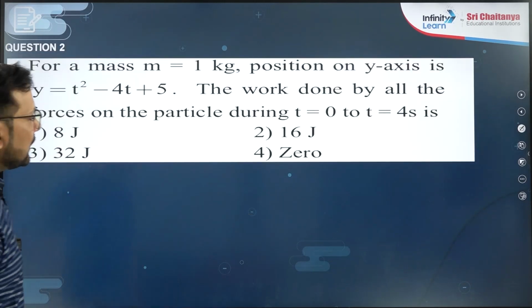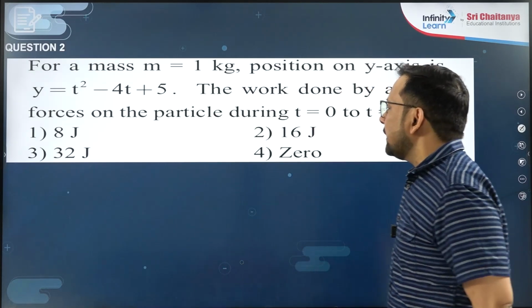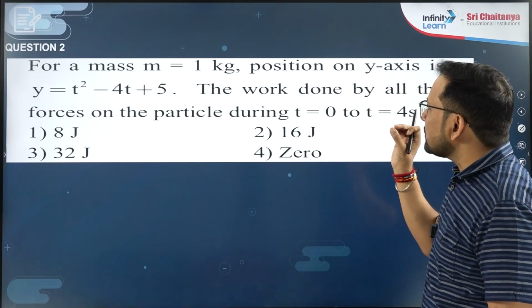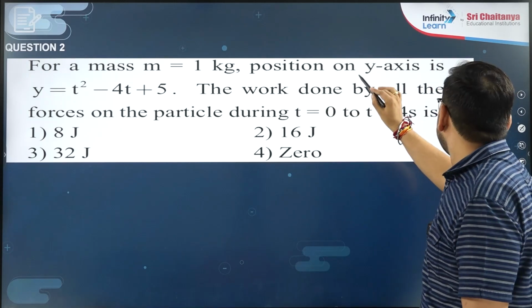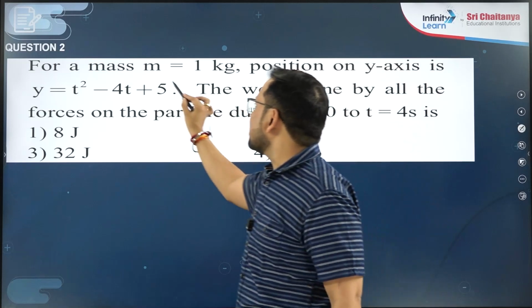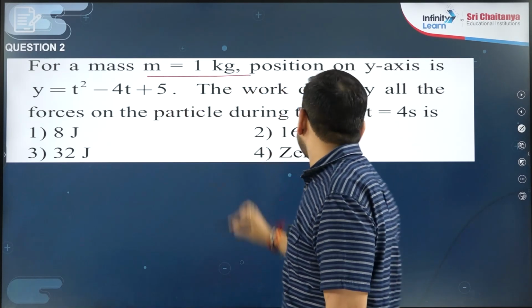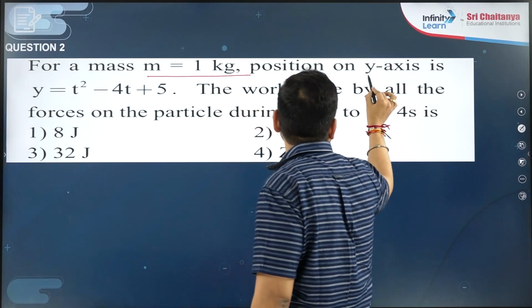Question number 2. Have a look at this question. In this question, there is a mass of 1 kg. And displacement is given because motion is on the y-axis.